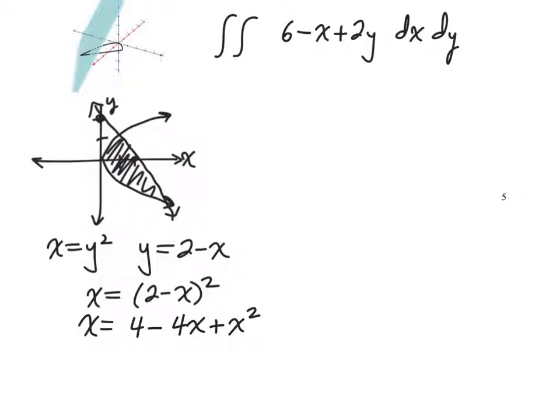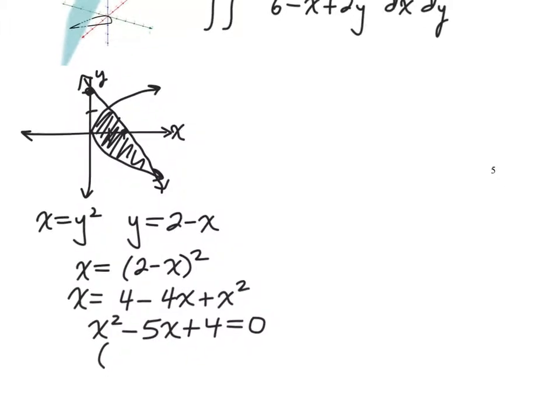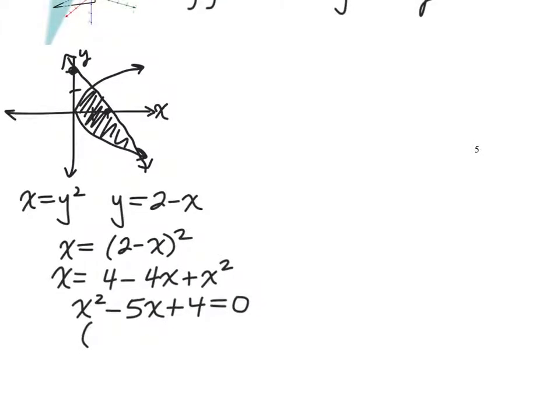And so x squared minus 5x plus 4 would be equal to 0. That factors with minus 1 and minus 4, which gives minus 5. So x would be 1 or 4.